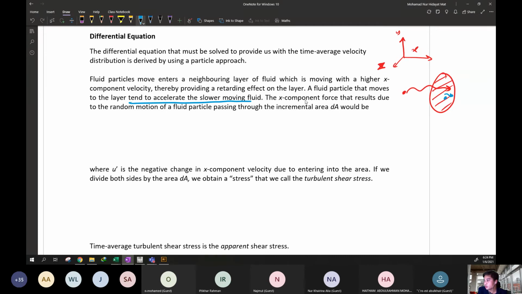So the x component force that results from the random motion of the fluid particle passing through the incremental area dA, this is the dA, this is the dF, is negative rho v dA u.